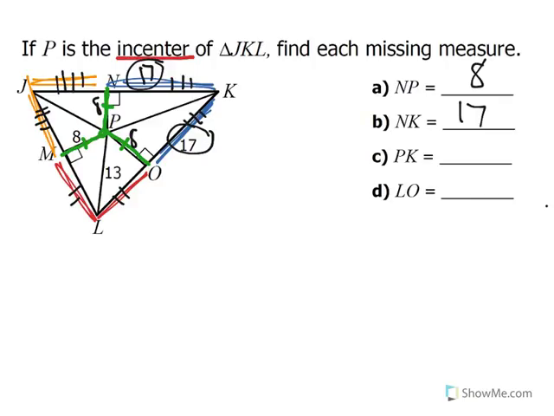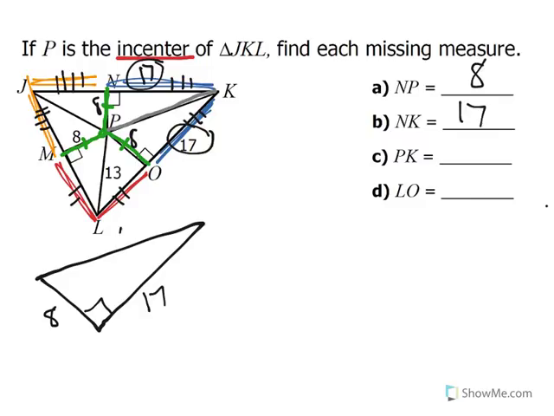And then we want PK. So PK we have right here. And we don't have that, and it's not congruent to anything. So we're going to need to use the Pythagorean theorem here. Where this is 8, here's our right angle, this is 17, and that's what you're looking for. So label them, make sure you call your hypotenuse C across from the right angle.